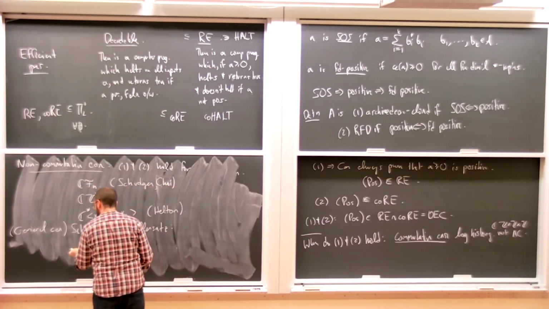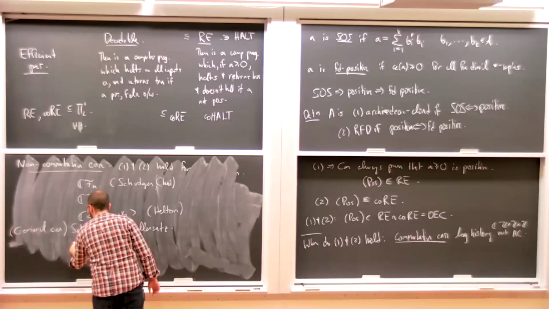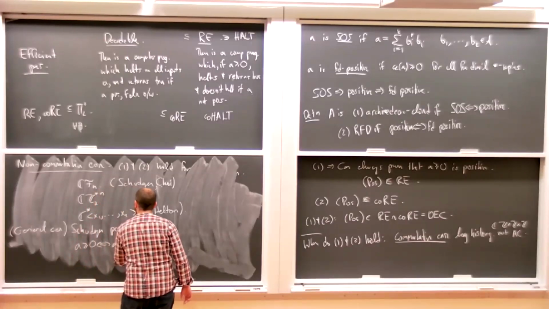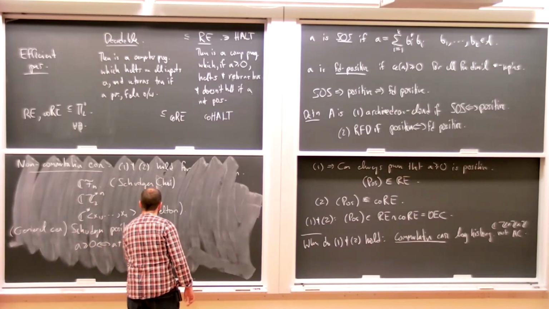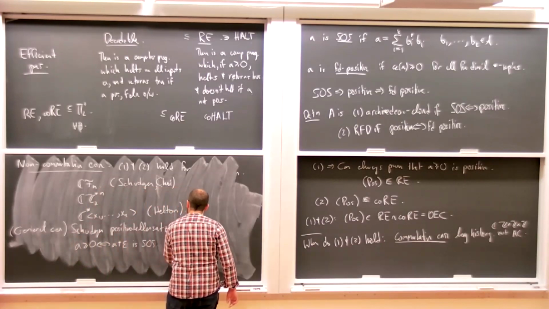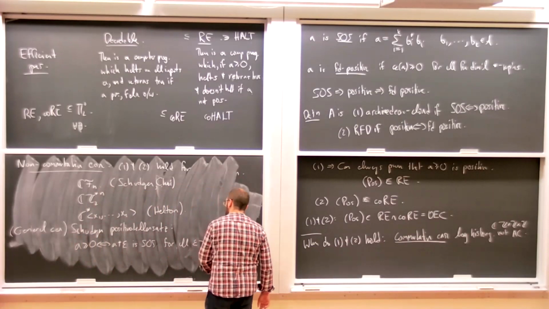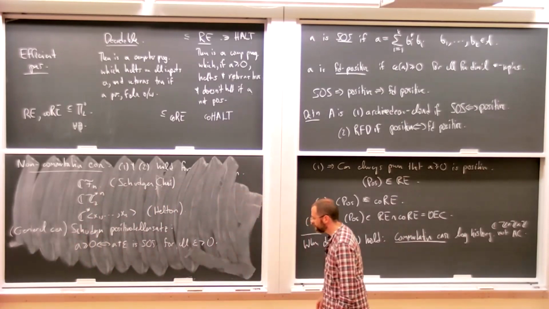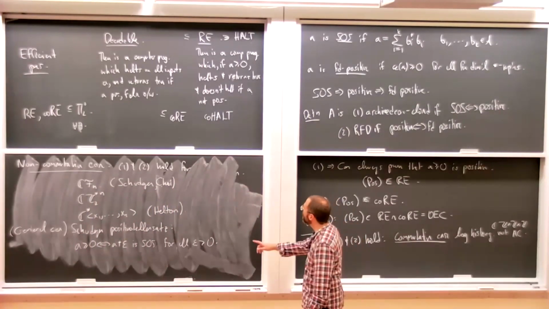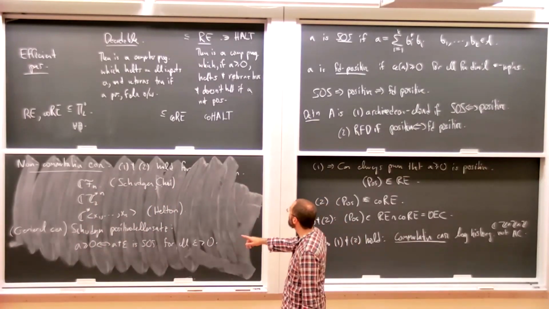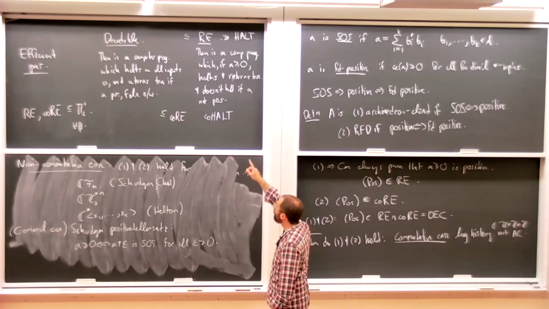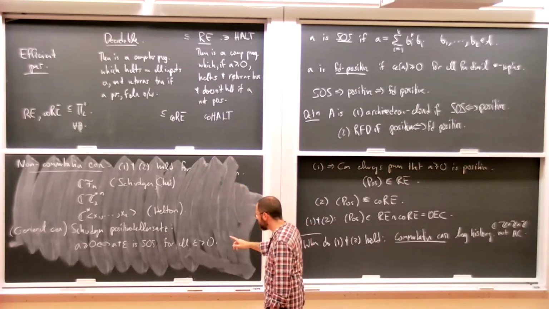It says, specifically for the Archimedean case, A is positive if and only if A plus epsilon is a sum of squares for all epsilon greater than 0. This is a really cool result. But interestingly enough, it doesn't put our positivity problem in either RE or co-RE. So you have to think about why.